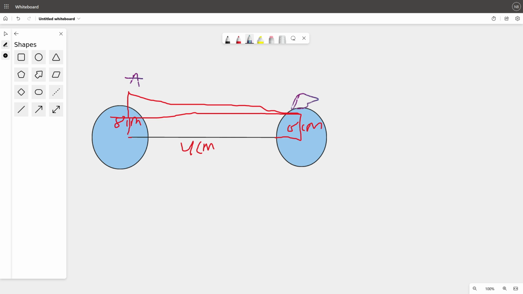So we set up our equation as AB squared equals, because we know the Pythagorean theorem, AD squared plus BD squared. Now, what is AD?